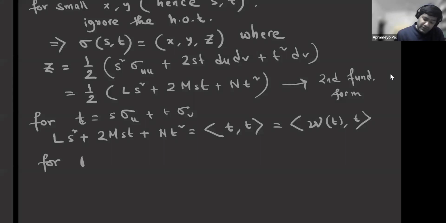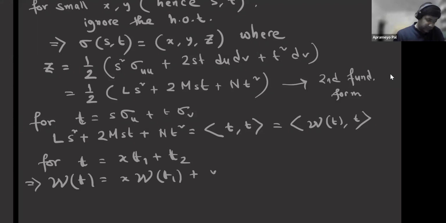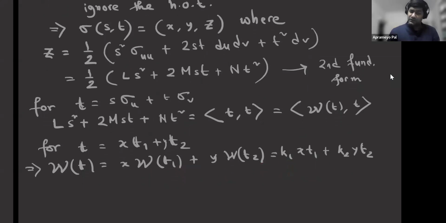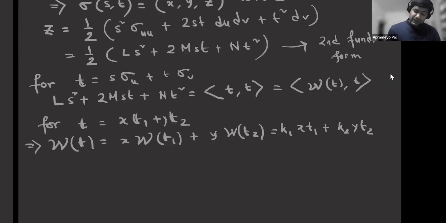Now if you write T in terms of the principal vectors, T equals x t1 plus y t2, then since W is a linear map, W(T) is x W(t1) plus y W(t2). This is nothing but kappa1 x t1 plus kappa2 y t2, because W(t1) is kappa1 t1 and W(t2) is kappa2 t2, by definition of the principal vectors.